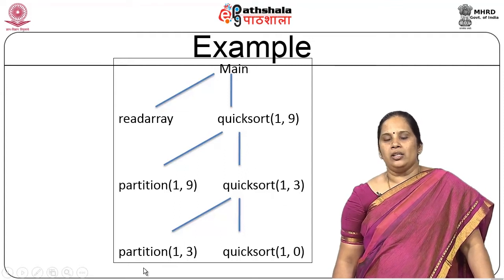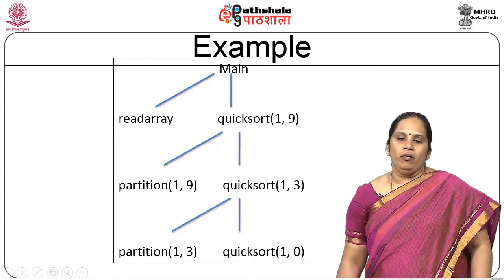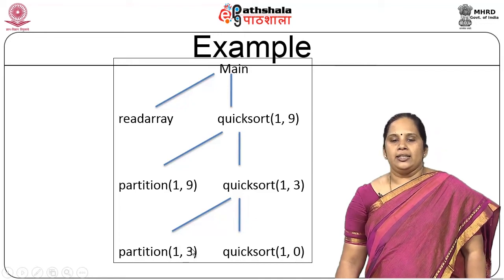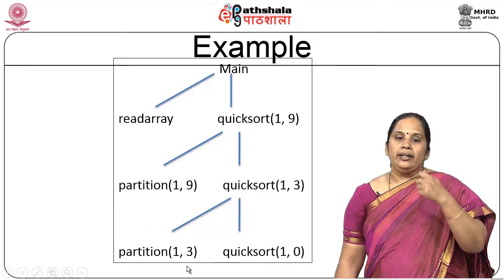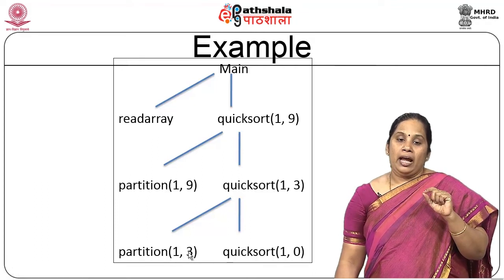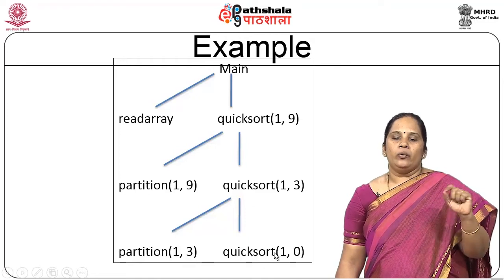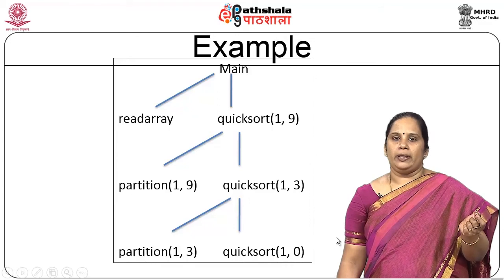Partition is called with 1,3, and if it returns a split at position 1, then quicksort will be called with 1,0. In that case this function will terminate.